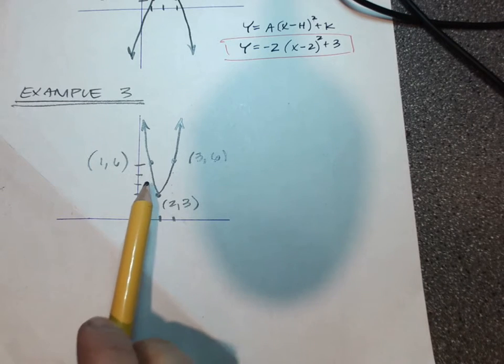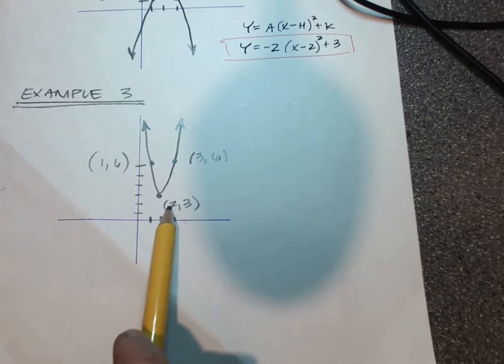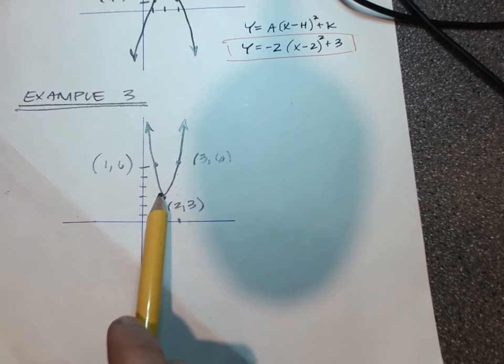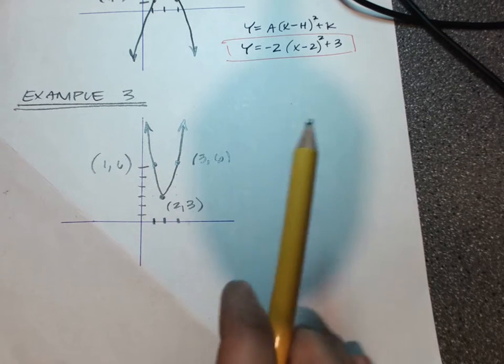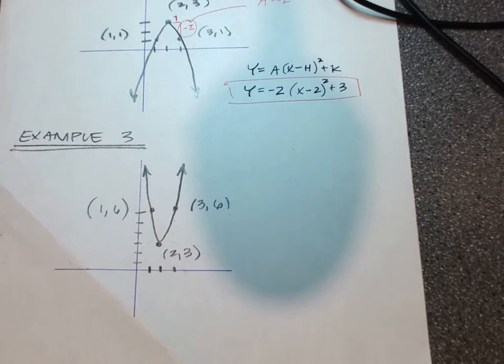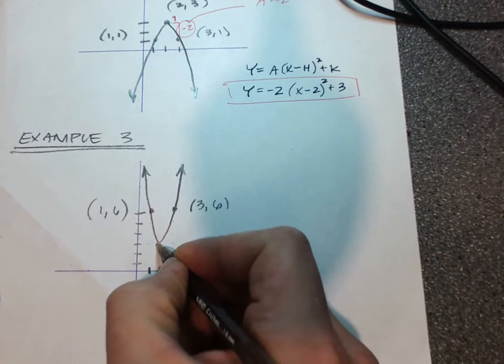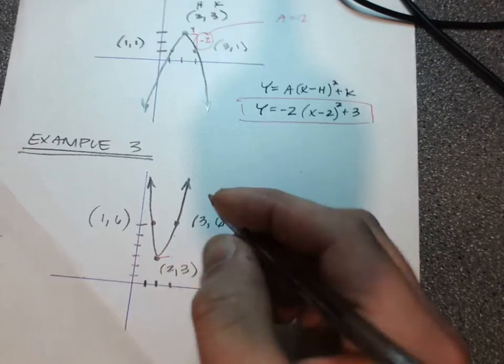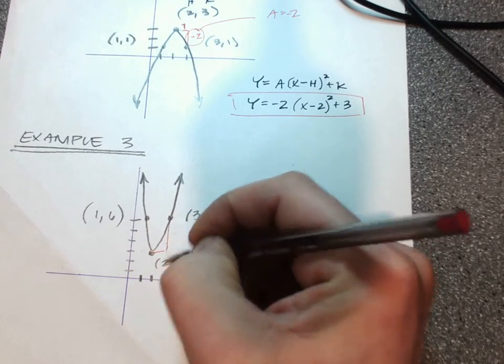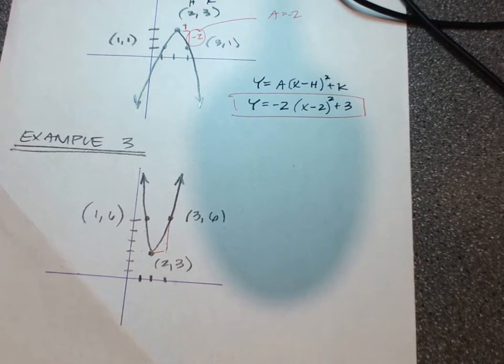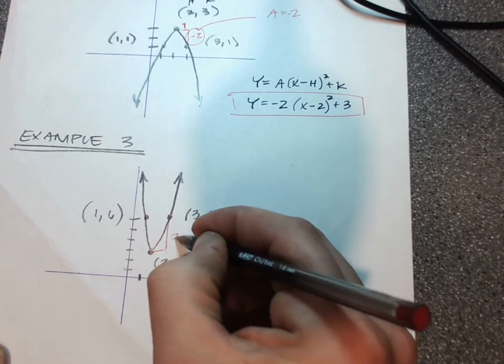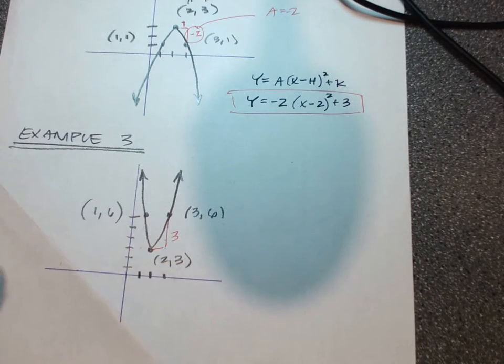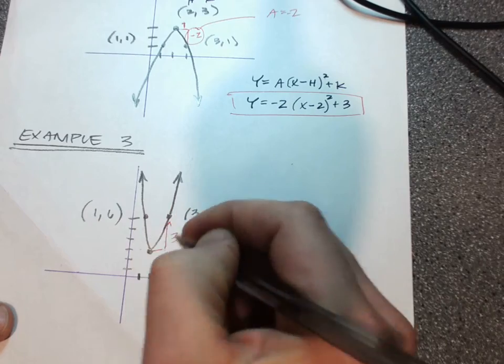All right, example 3 is yet another parabola that has a vertex at 2, 3. However, in this case, it is positive, and if we examine from the vertex and go over 1, instead of going up 1 as would be the default, we have to increase by 3. So this has been vertically stretched by 3.